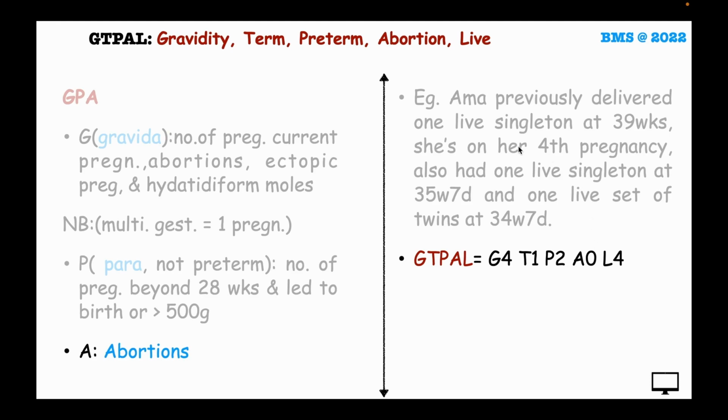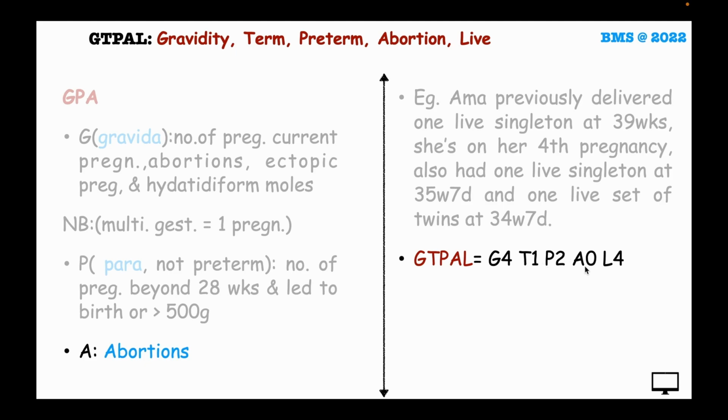We said it's her fourth pregnancy, so gravida 4. And she gave birth to one live singleton at 39 weeks, so term 1. And she's also had one live singleton at 35 weeks, which is giving her preterm 1, as well as one live set of twins at 34 weeks, and so preterm 2. That's why she's having 2 preterms.